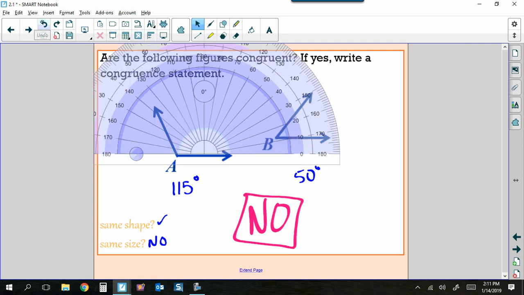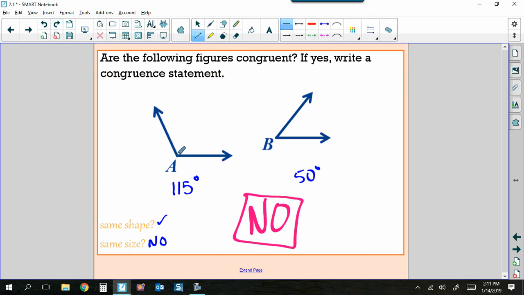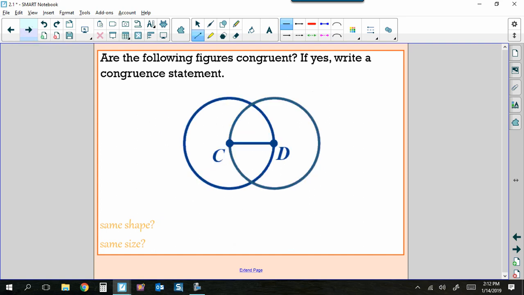So you may need to extend the ray out longer so that it intersects the degree part of your protractor.